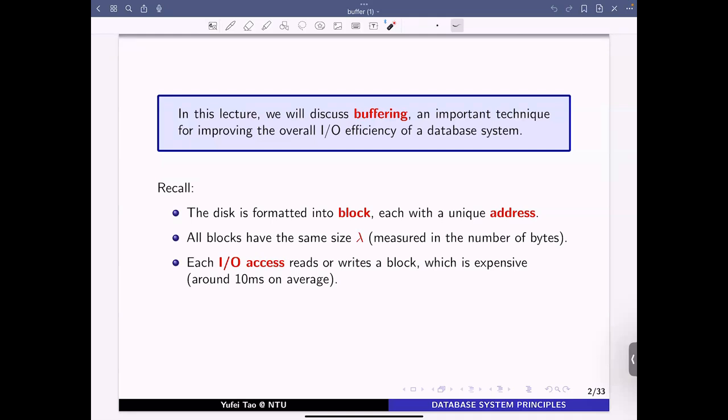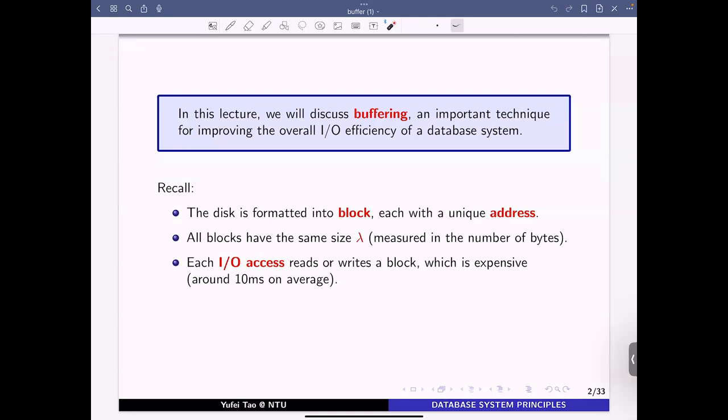If you have a pair, you have two numbers, you can just look at the binary representation of the pair, and reinterpret it as an integer. That's a simpler way to think about it. So from now on, we are just going to say this block address is an integer.